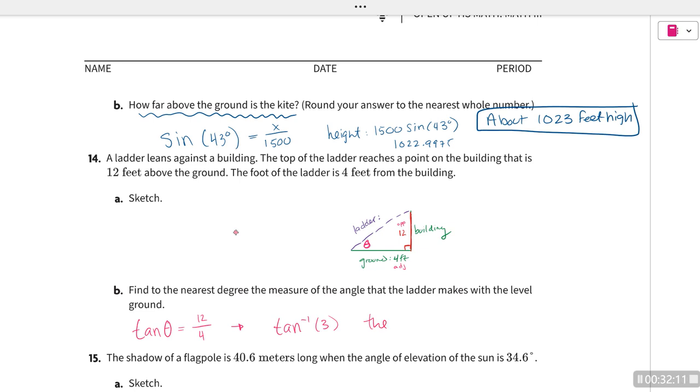So the angle is, now does it tell us to round, find to the nearest degree? So we're going to make sure we round to the nearest degree. But let's do our tan inverse first. So inverse tan of 3, that gives us about 71.565, since it says to the nearest degree, is about 72 degrees.